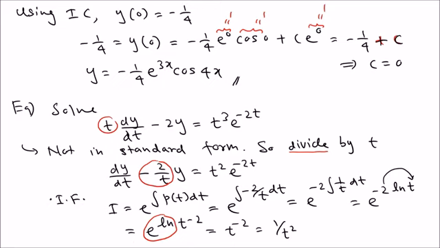Now we're going to multiply our standard form equation by the integrating factor, 1/t^2, the whole equation.